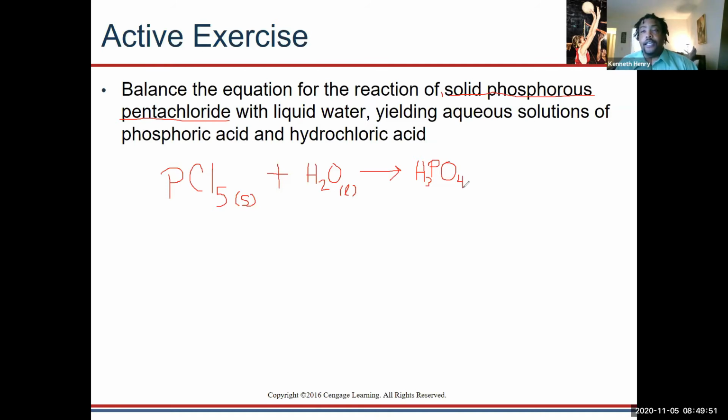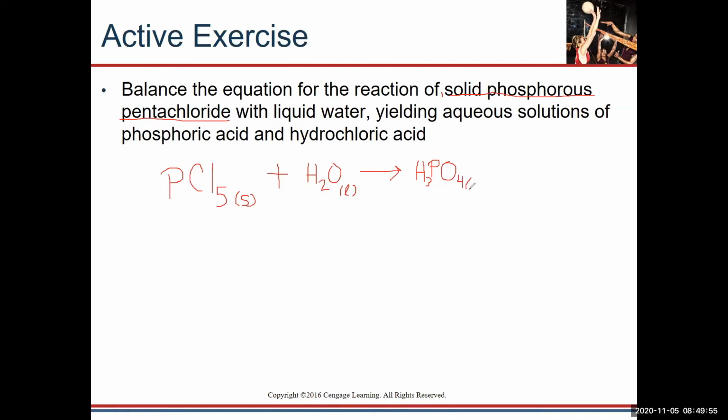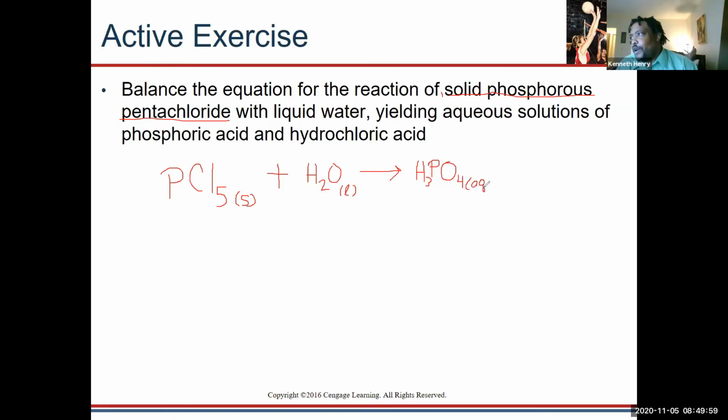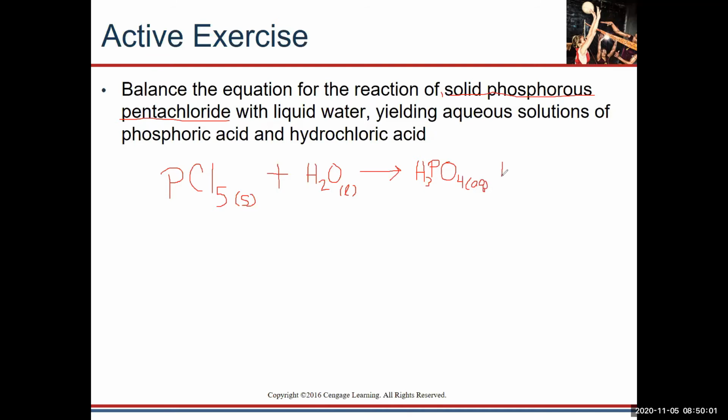Solid, liquid, gas, or aqueous? It's aqueous. And hydrochloric acid? That one is HCl, aqueous as well. Good job.